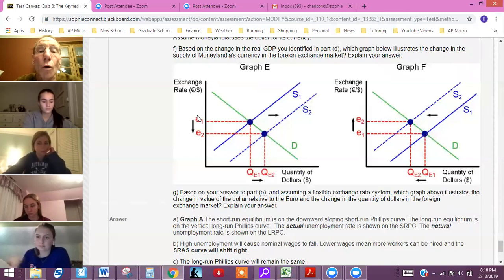The value of this expression, euros over dollars, goes down, because if the numerator, which is the euro, goes down, the whole expression drops. So it's the same graph, okay?